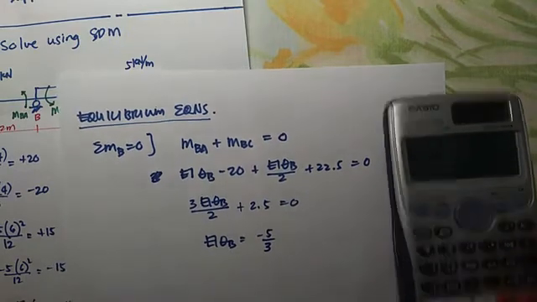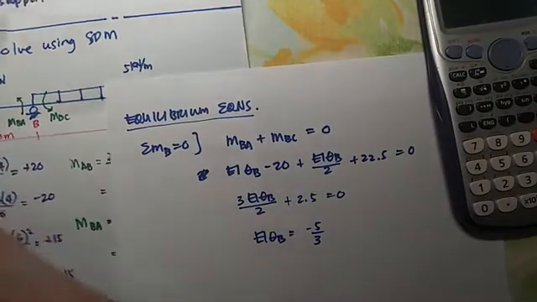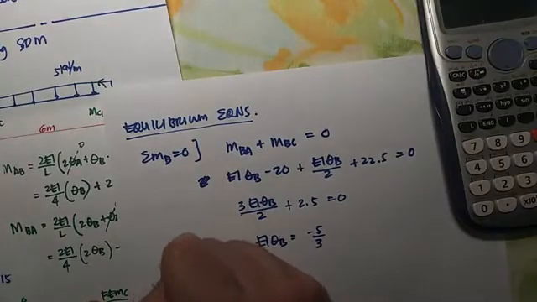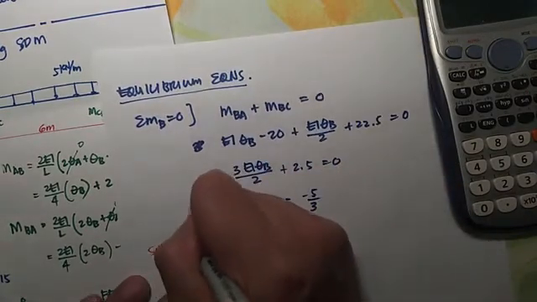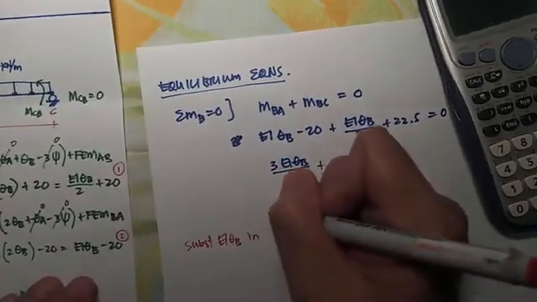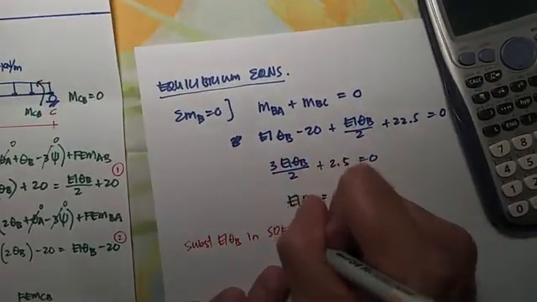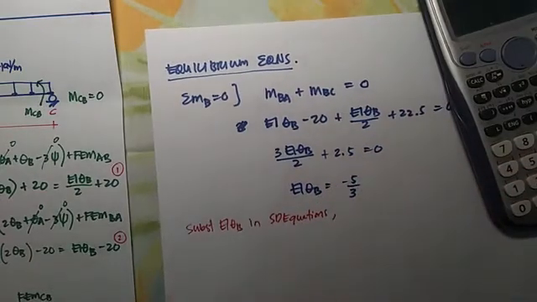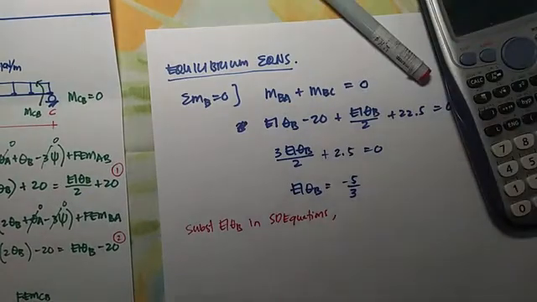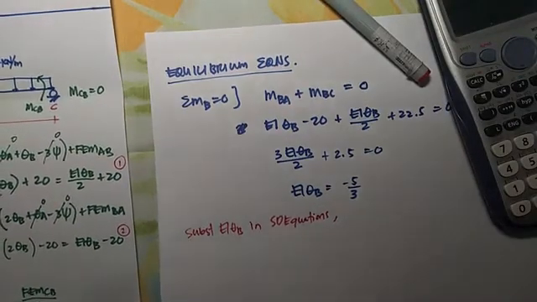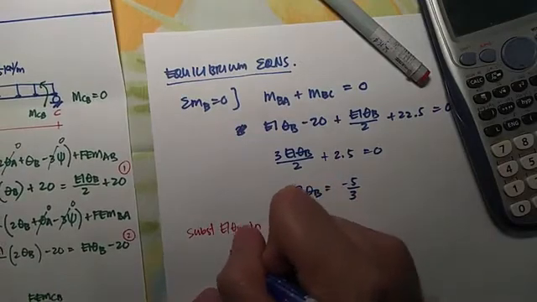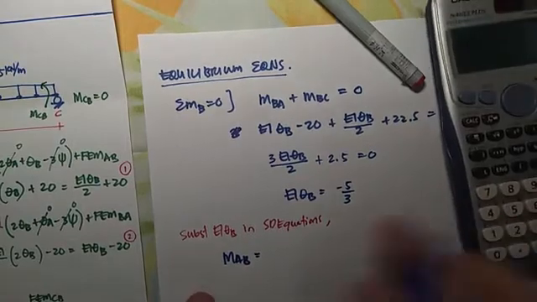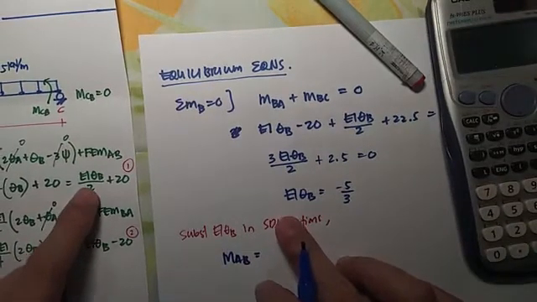Now, knowing EI theta B, let us substitute it back in the slope deflection equations. Okay, so what would be our equation? MAB, substituting EI theta B, this one.